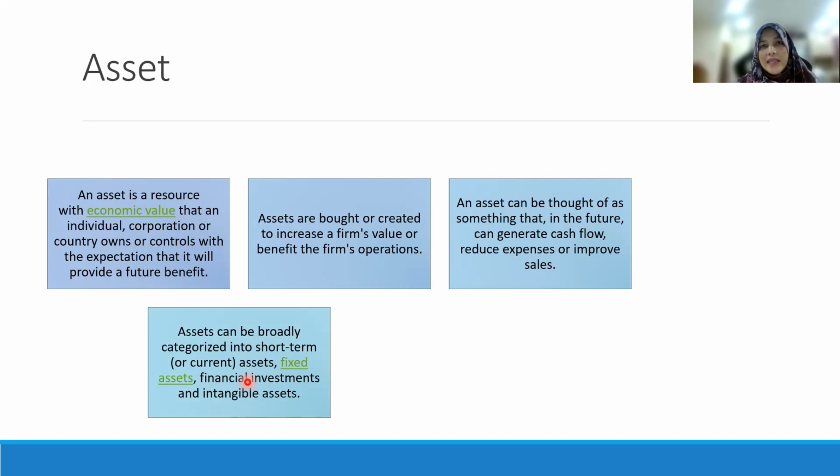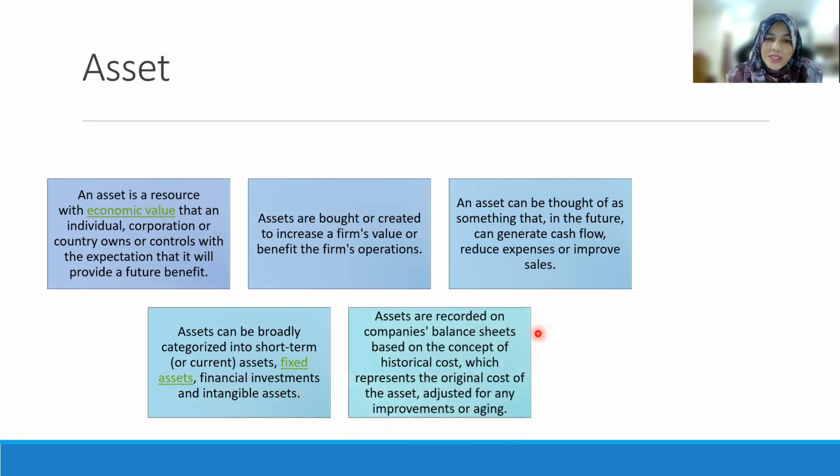So the extra 1 billion is actually the goodwill, which other people are willing to pay. So that's also a type of intangible asset.